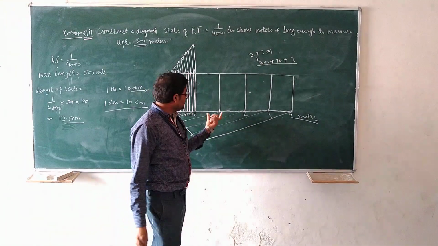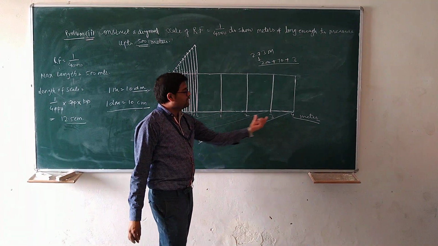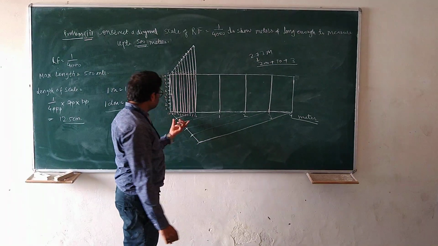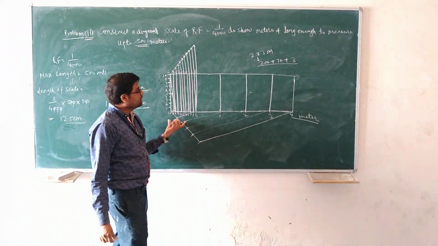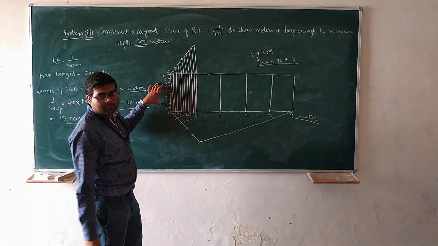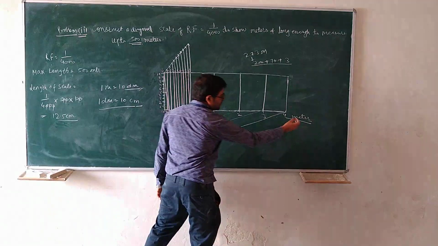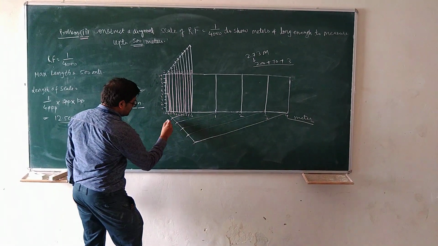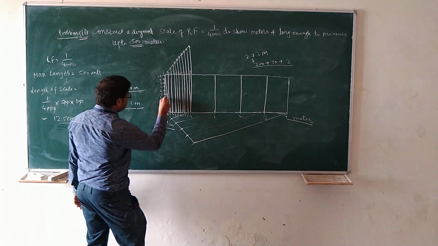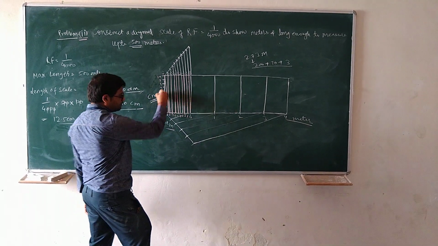This one part will show the 100, 200, 300, 400 like that, and this will be the 10, 20, 30, 40, 50, and this part will show the 1, 2, 3, 4, 5, 6. This part will show the meter, this part shows the decimeter, and this part shows the centimeter.